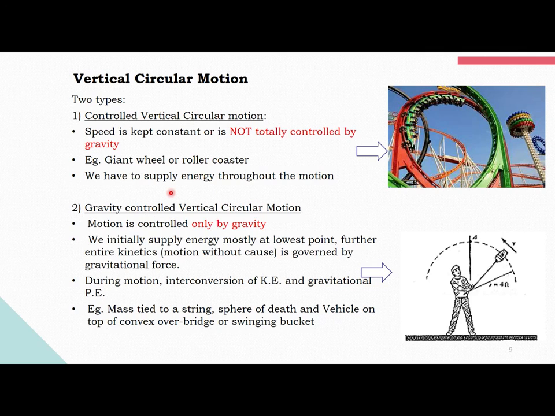And for potential energy, at the highest point potential energy will be maximum and at the lower point potential energy is 0. For example, a mass tied to a string, spear of death, a vehicle on top of a convex overbridge, or a swinging bucket. You can see these in the figure.